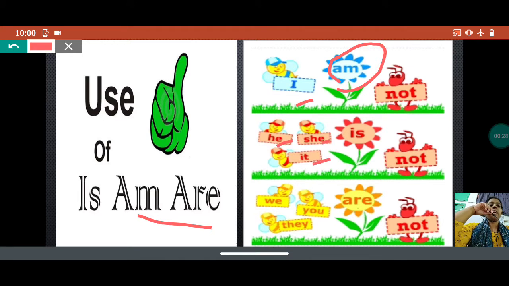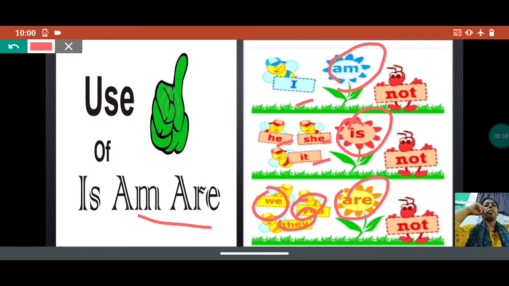He, she and it are always used with is, and we, you and they are always used with are. So these three things you have to remember: I always uses am, he, she, it always use is, and we, you and they use are.